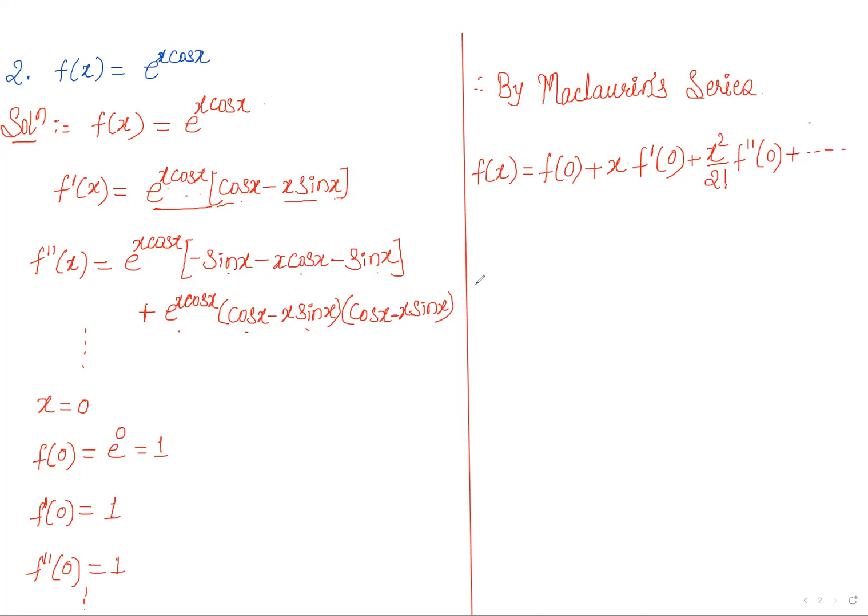So here we have e raised to x cos x is equal to f of 0, 1, plus x square by 2 factorial plus x cube by 3 factorial and so on. Everywhere we are getting that at x is equal to 0, the value of all derivatives is equal to 1. Therefore, e raised to x cos x is equal to 1 plus x square by 2 factorial plus x cube by 3 factorial and so on.